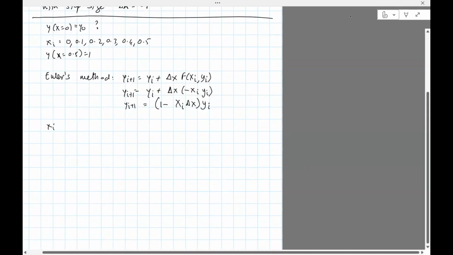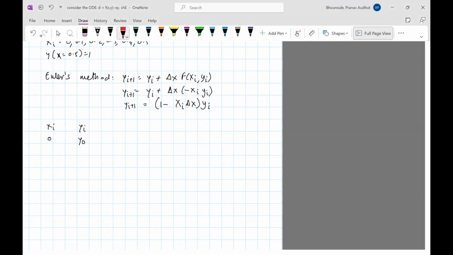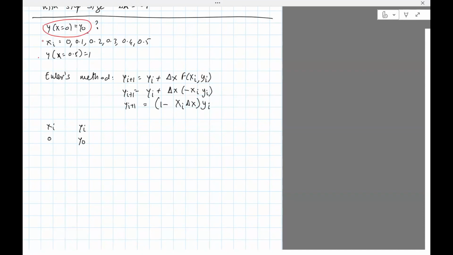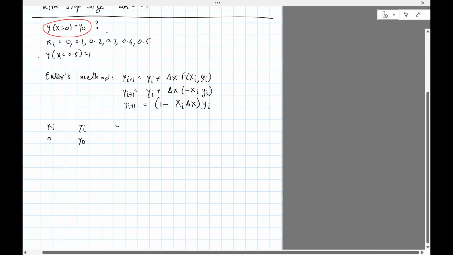Okay, so here's what we'll do. x_i, y_i. So initial value of x is 0. Initial y_i is y0. This is the unknown, right? We don't know anything about it, but we need to compute it. So for y_{i+1}, I'll use this formula now.